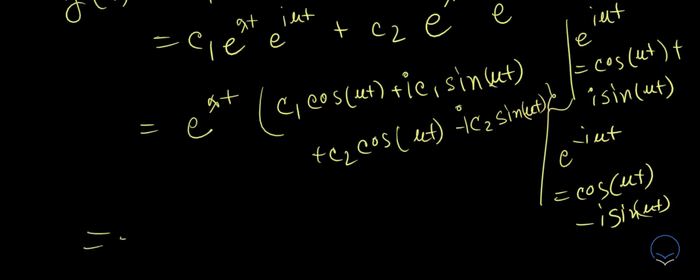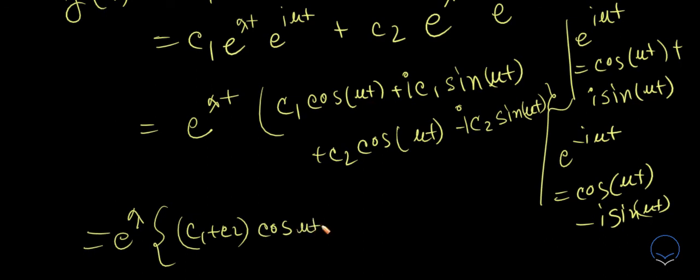Now to simplify further, we are going to collect the coefficients in front of cosine and sine. So let's try to do that. That will be just (c1 + c2) cos μt, and finally you will have plus i (c1 − c2) sin μt.